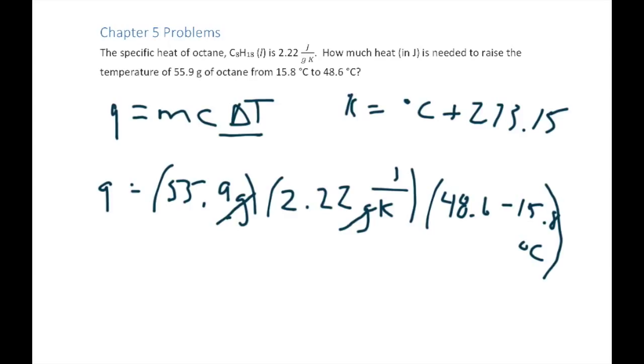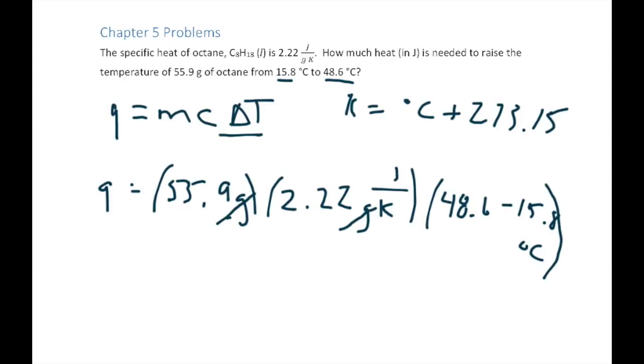And again, you'll notice that the change is 100. So it doesn't matter whether units are given in Kelvin or Celsius, as long as you're multiplying by a change in temperature, then you can keep either unit. You don't need to convert to Kelvin, because you'll get the same change whether you use Kelvin or Celsius. So if you don't believe me, prove that to yourself by converting these two temperatures to Kelvin and subtracting them, and you'll get the same delta T.